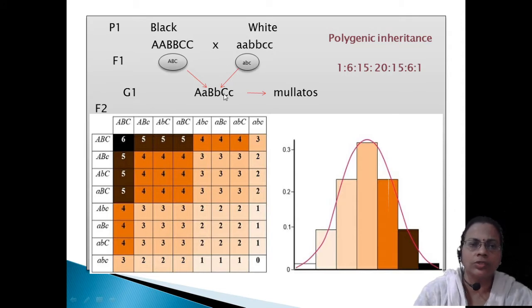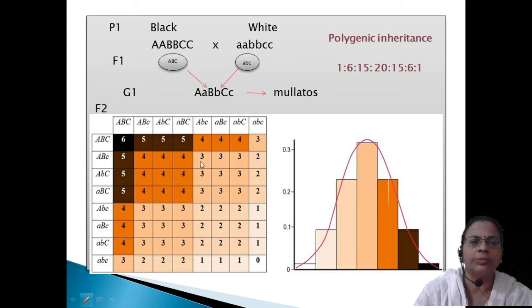And when they cross together in F1, you will get capital A, small a, capital B, small b, capital C, small c. That means all mulattoes, intermediate color. Why is it intermediate? Because out of 6 alleles, only 3 alleles are dominant, so 50% of the melanin will be produced.